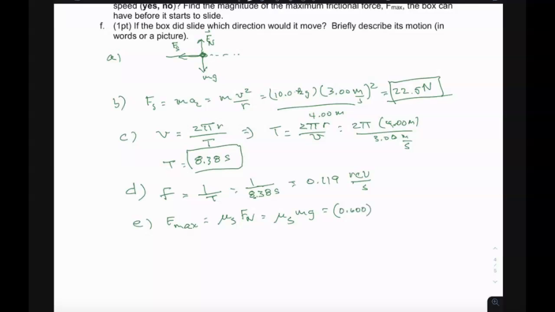The mass is 10 kilograms, and g is 9.8 meters per second squared. So when we calculate that, we see that that's 58.8 newtons. So since the friction that we are experiencing right now, 22.5 newtons, is less than the maximum friction, then it will not slide. The answer is no.